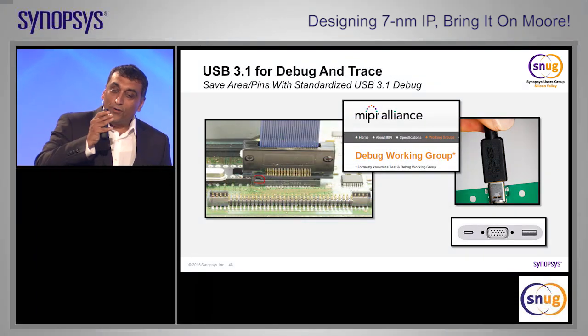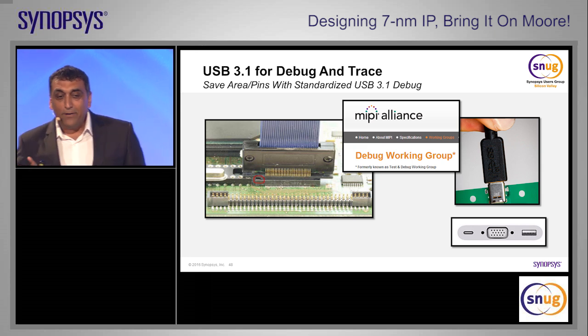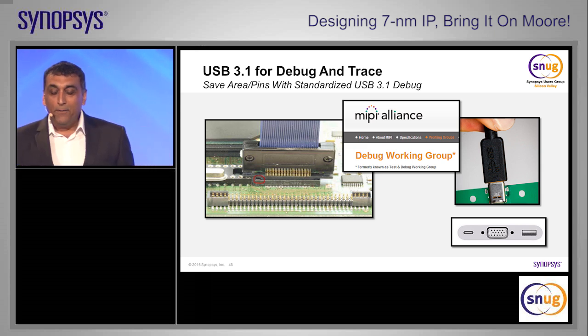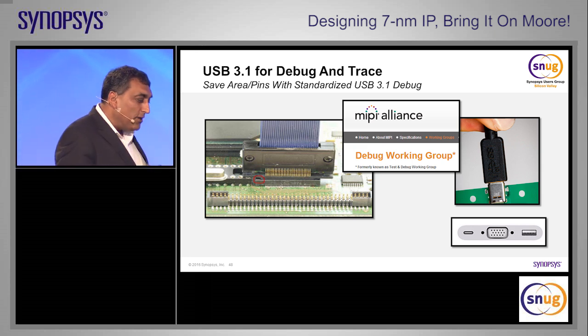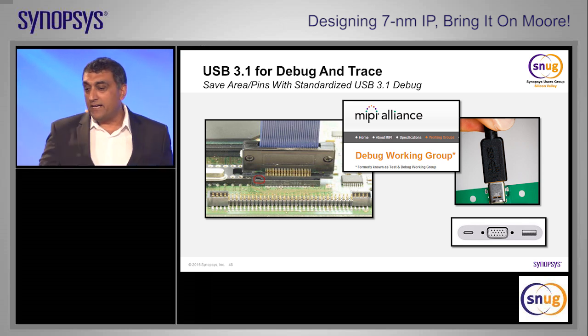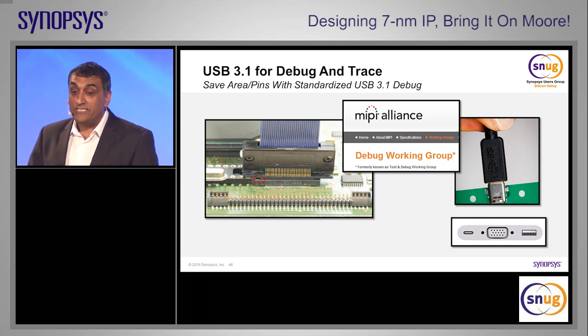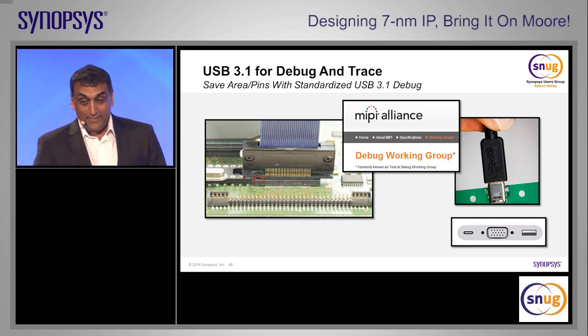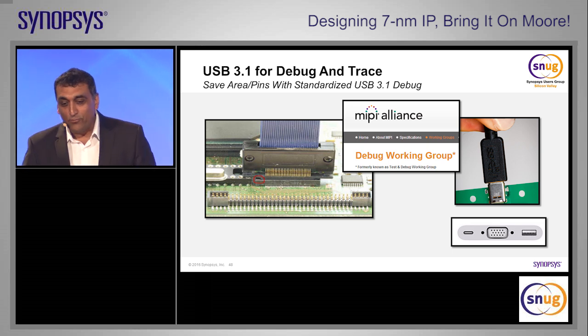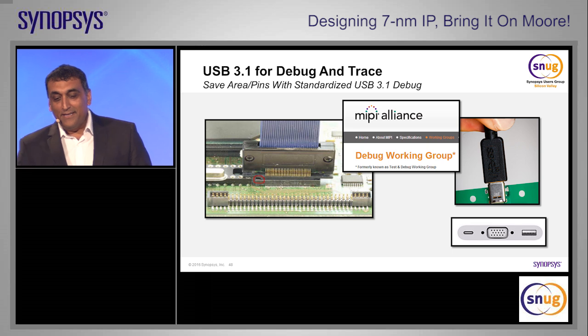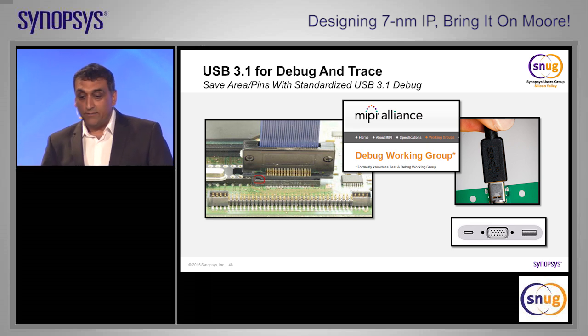Going back to the digital world for a little bit, what's happening is that people are starting to implement some kind of USB functionality in their big network servers as a trace and debug port. I've tried to explain this in a really kind of simple graphical way. So if you look at that big horrible picture on the left, that represents how people do trace and debug today, okay?